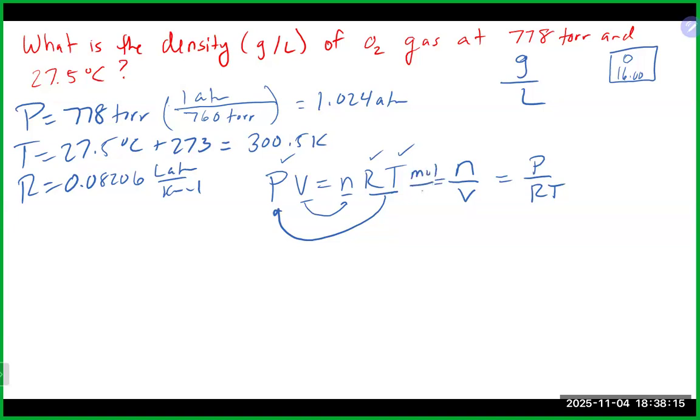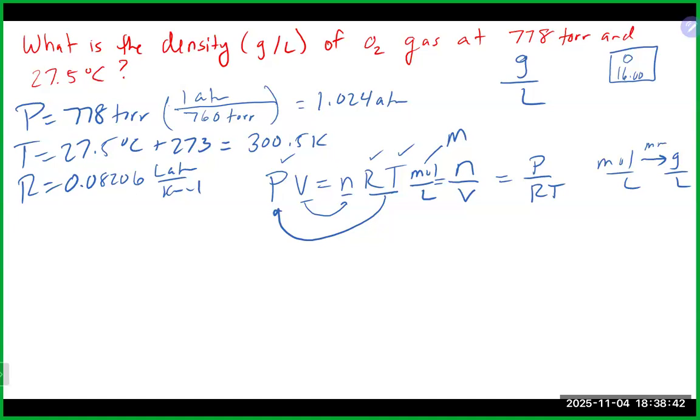And V is liters. Dare I say that is the molarity of my gas right there. If I solve for N over V, that is molarity. That's okay because that will end me at moles per liter, and I want to get to grams per liter. So really all I have to do to convert that is use molar mass, to go from moles to grams here.